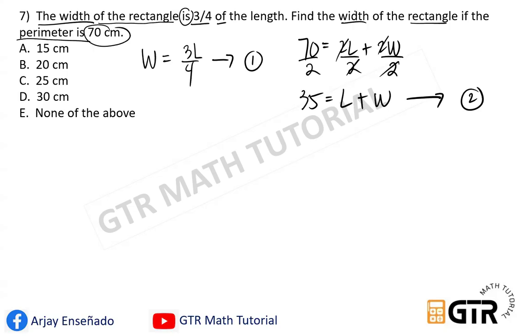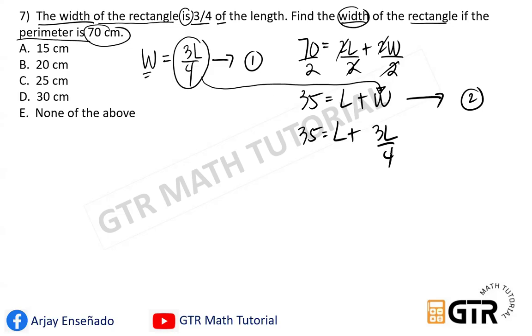Now, find the width of the rectangle. We can substitute the formula for the width, which is 3L over 4, in equation number 2. So we have 35 is equal to L plus 3L over 4.